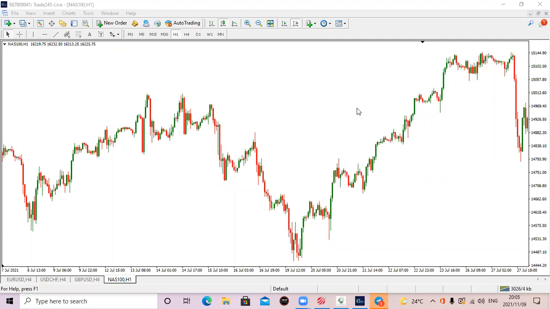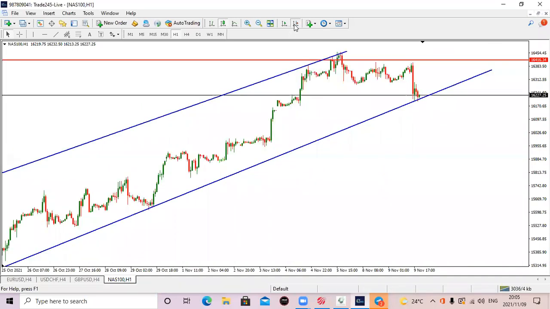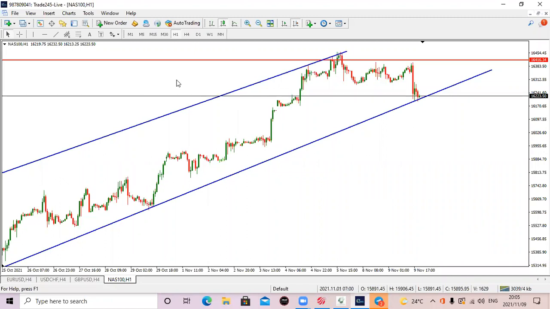Because if you can't trade using this strategy, then it means Forex is not for you. I'm going to be honest with that. If you can't make money with this strategy, I'll advise you to go back to work. All right, so now let's identify our liquidity prices.